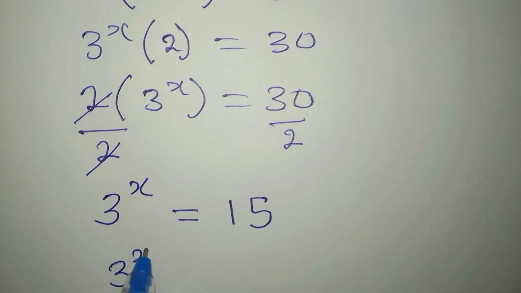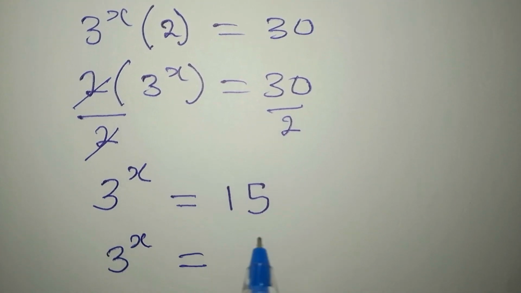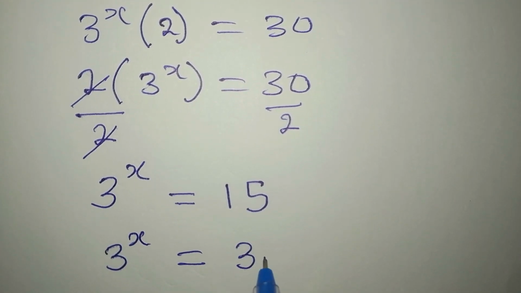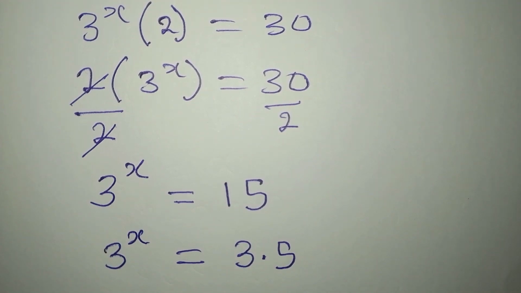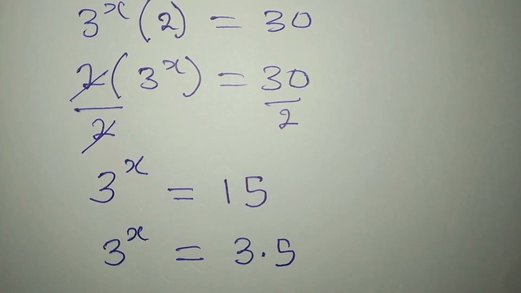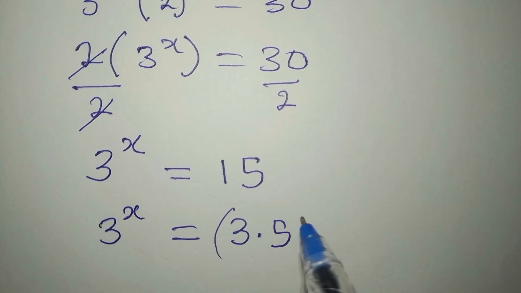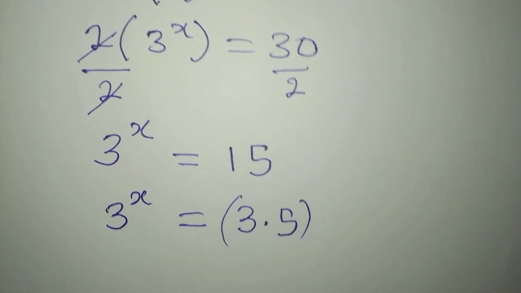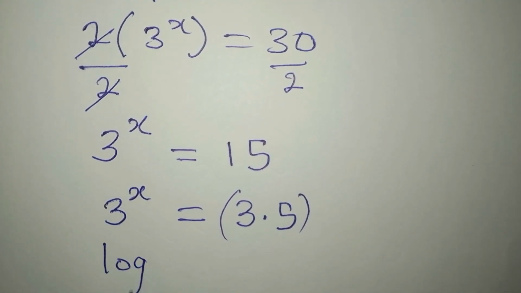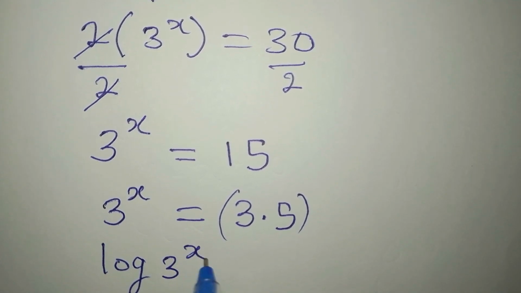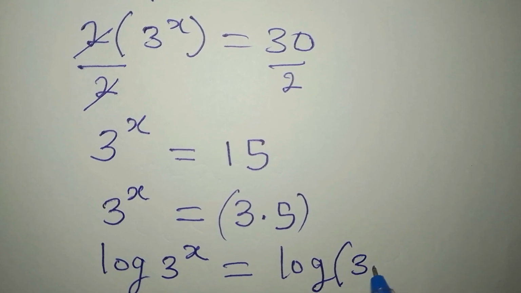As a matter of fact, 15 is the same thing as 3 times 5, right? So it won't be in this form. So what we'll do now is to take the log of both sides. And then we have log 3 to the power of x equals log 3 times 5.